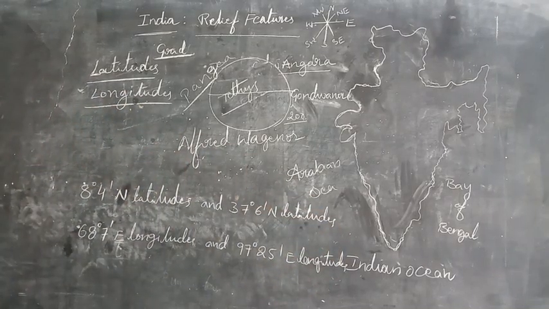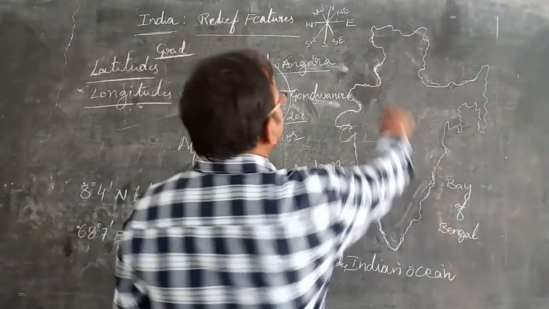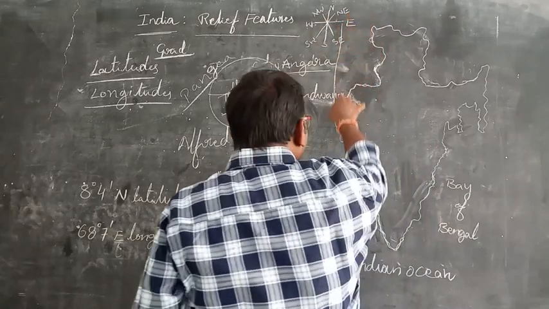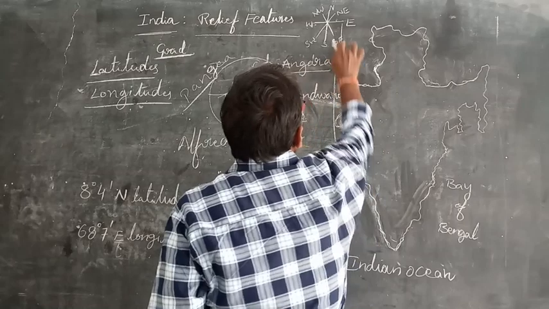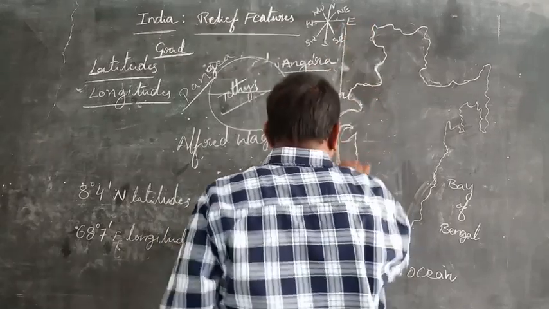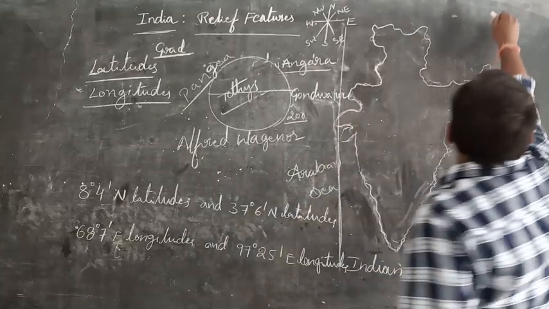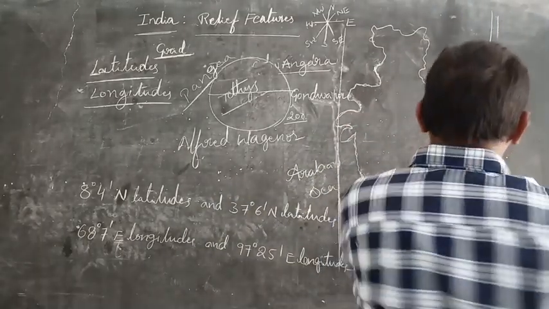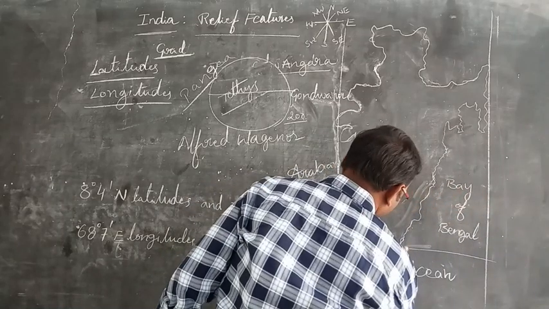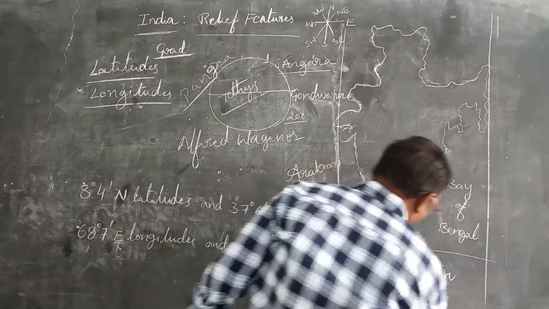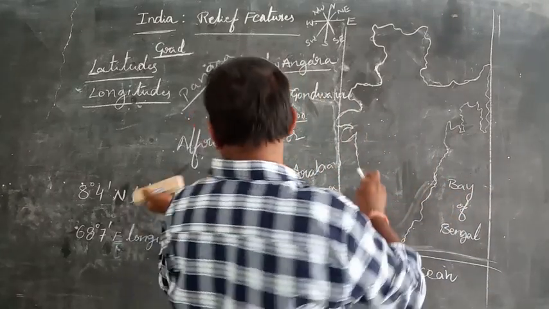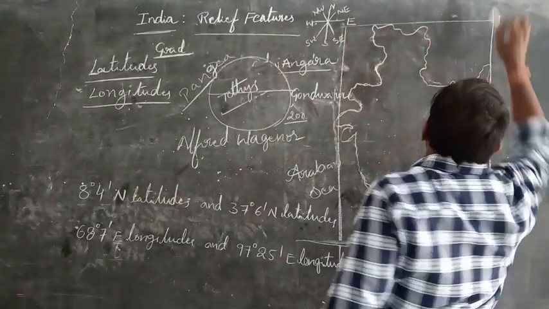This is how India was located by longitudes and latitudes. See this map, for example. In that map, here one latitude starts, the India starting point here. This is the ending longitude, and this is the starting latitude and this is the ending latitude.